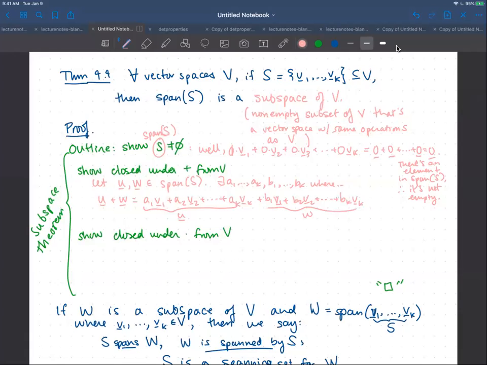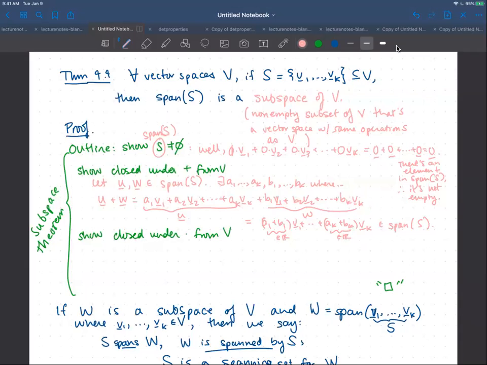That's my W. And what I get is a new linear combination. I get A1 plus B1 times V1 plus ... up to AK plus BK times VK, which is an element of the span of S because all of these are real numbers. So that's a real number scalar, that's a real number scalar.